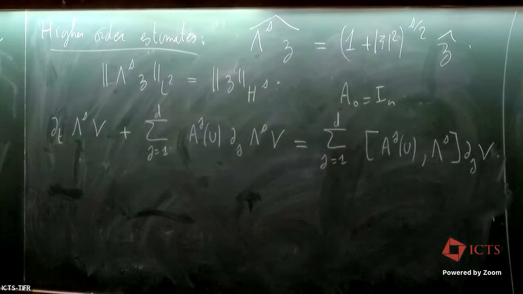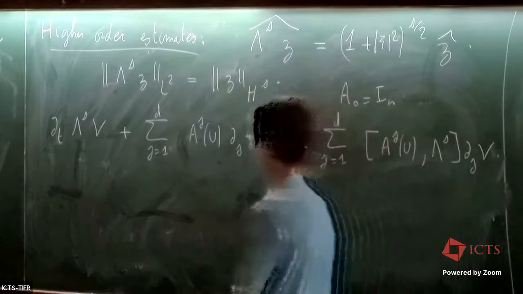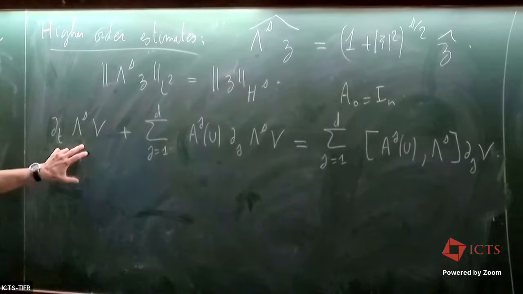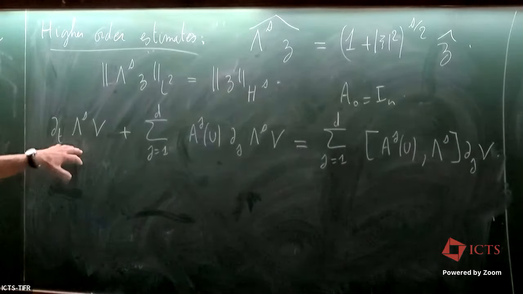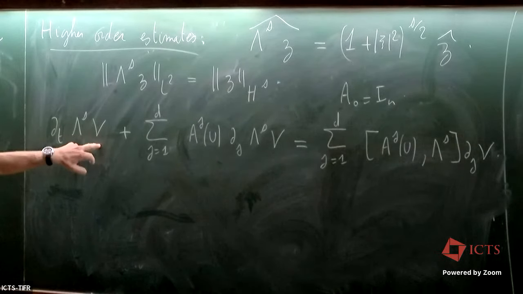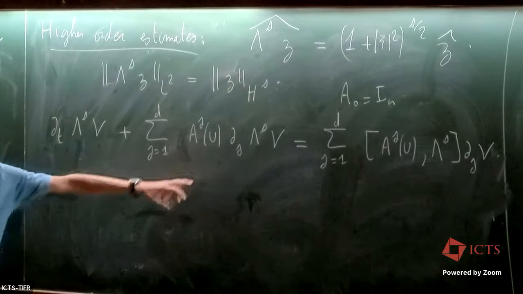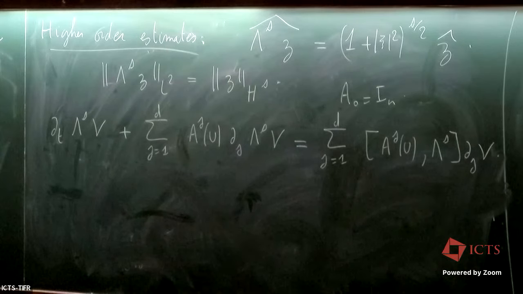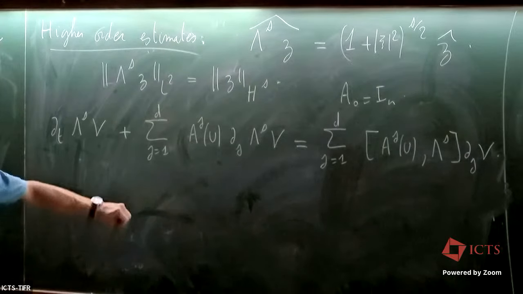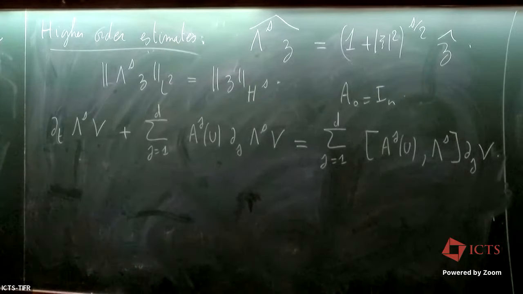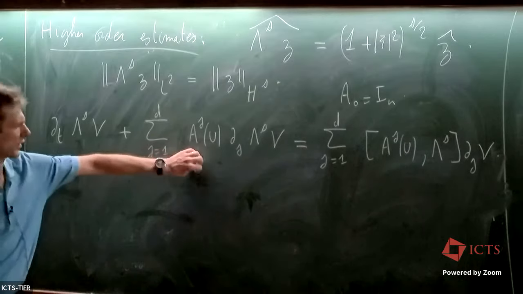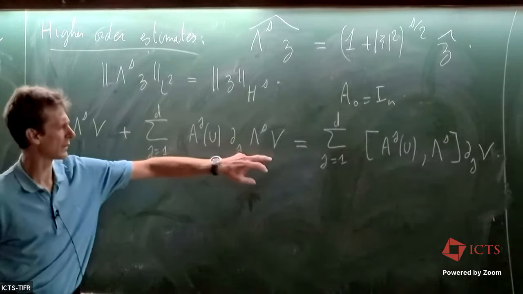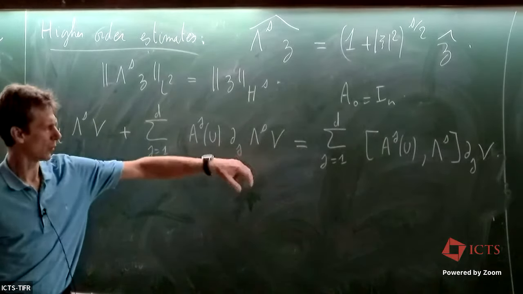For the left-hand side, you can repeat what I did at the L2 level, so you know exactly what it is going to give. The first one will generate the time derivative of the square of the L2 norm of this. Here you will integrate by parts and repeat exactly what I did before, and you will end up with something that can be bounded by the gradient of the matrix times the square of the H^S L2 norm.